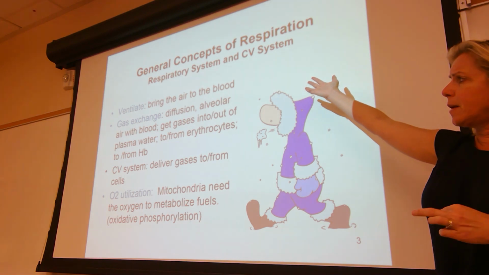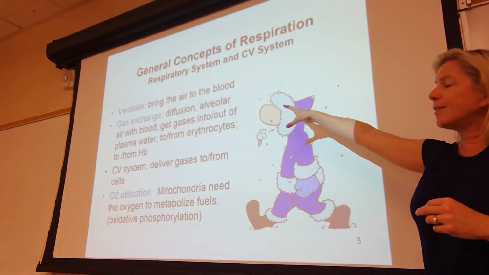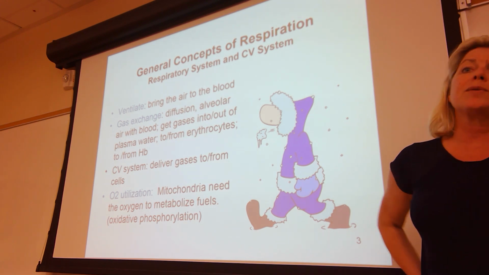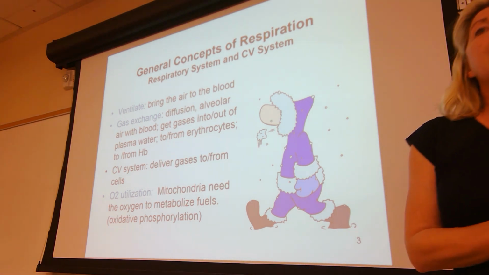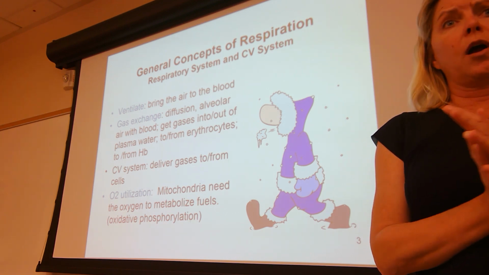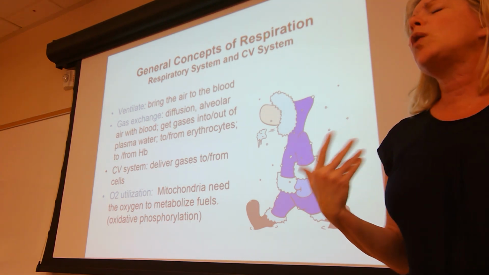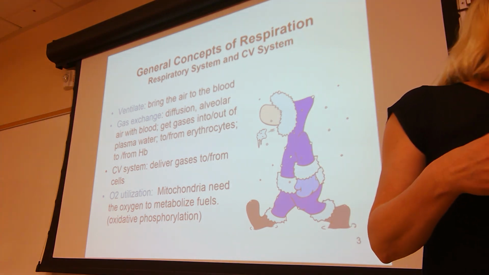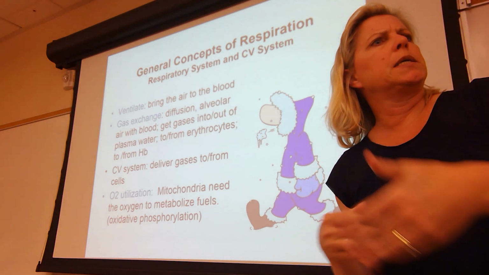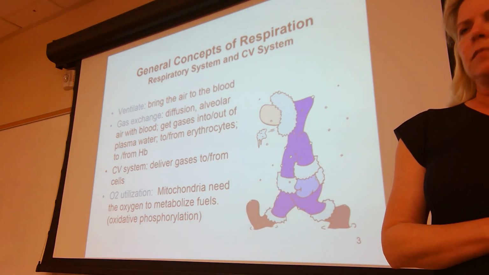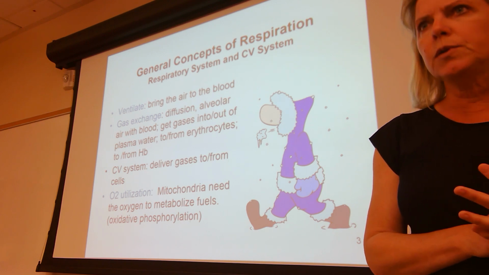Once we're done with learning about ventilation and the work of breathing, the rest of this semester we're focused on gas exchange. It's cute, it's darling. When you took anatomy, you were told that we have gas exchange across the mucosa of the respiratory system. And you were told oxygen diffuses into your blood and CO2 diffuses out of your blood. Well, that's true.